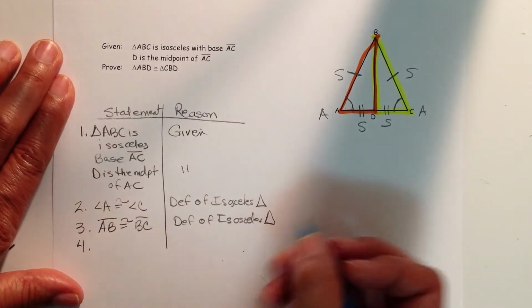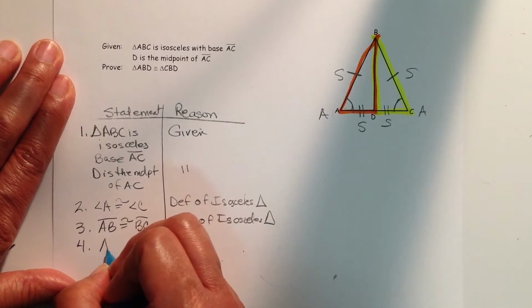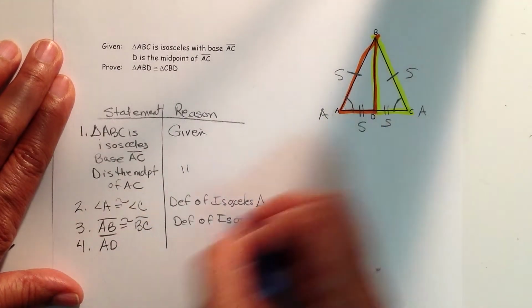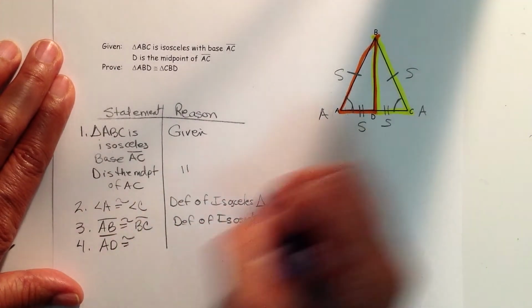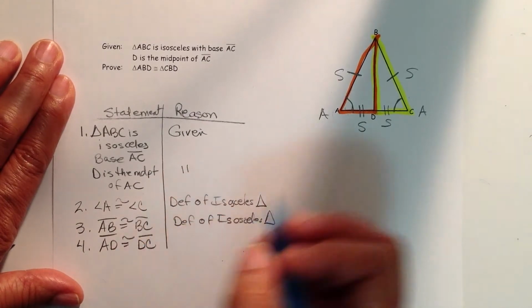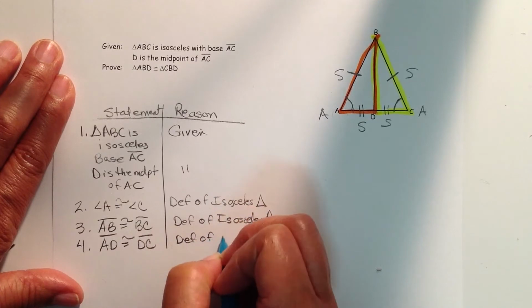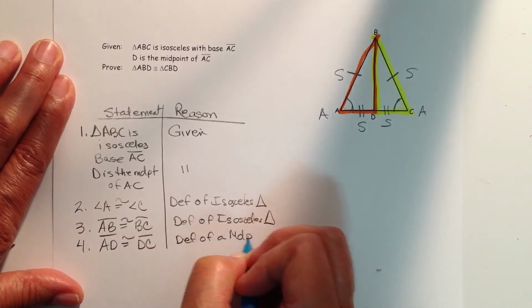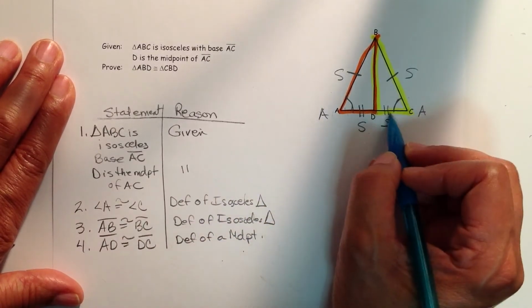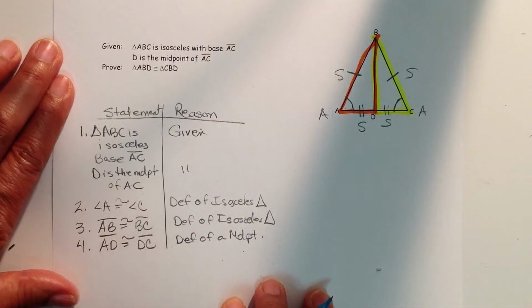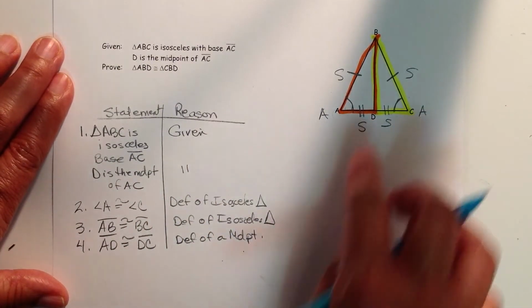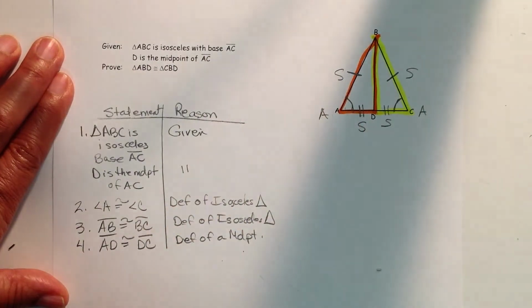And now I also can say that AD, this line here, is congruent to DC. Why? Because definition of a midpoint, right? Anytime you have a midpoint, you know the two segments are congruent because it bisects the larger segment AC.